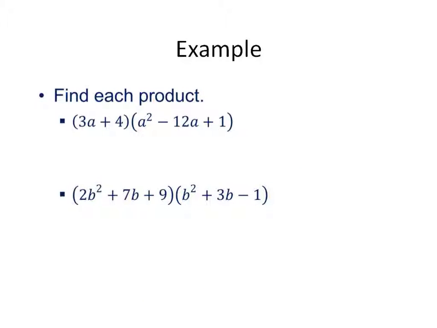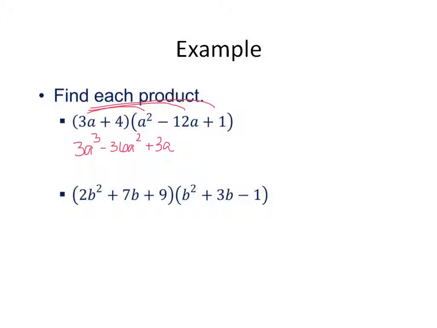Now, occasionally you might see a polynomial larger than a binomial. FOIL is specifically for when you have those 4 times you're distributing. Here, you are just going to distribute every term in the first polynomial times every term in the second polynomial, no matter how many terms we have. So we're going to take 3a and distribute it to all 3, and we get 3a cubed minus 36a squared plus 3a.